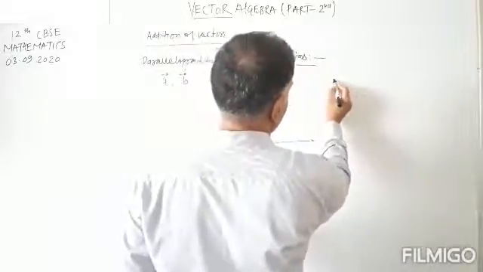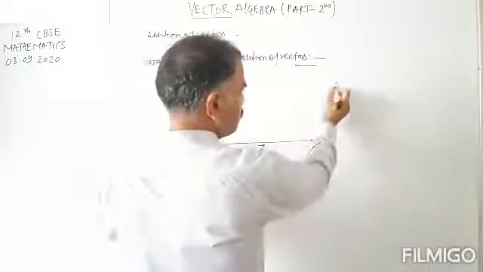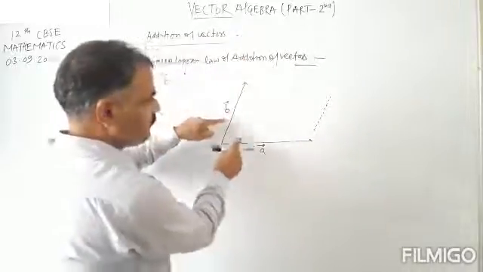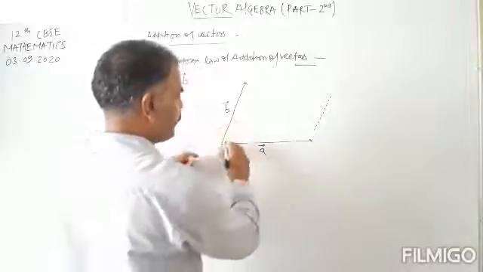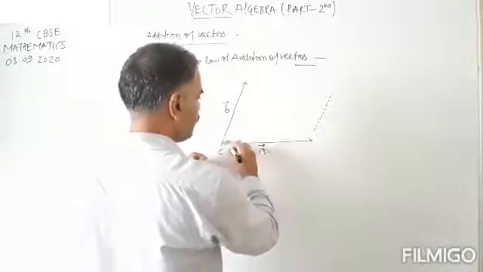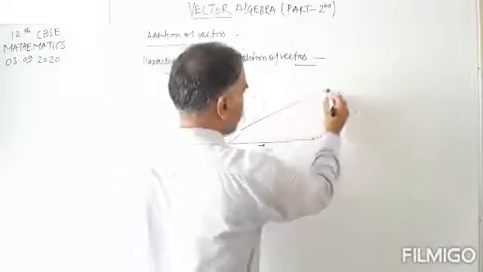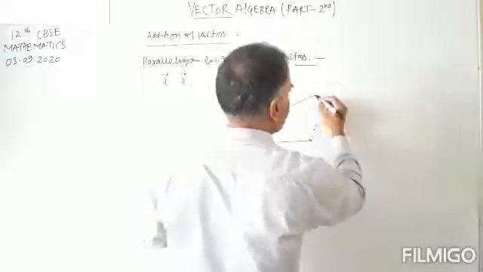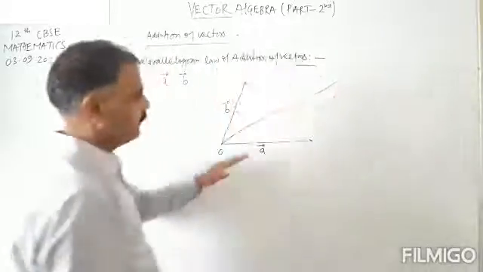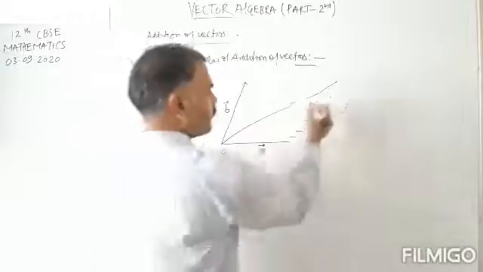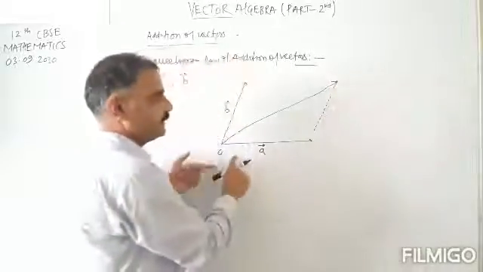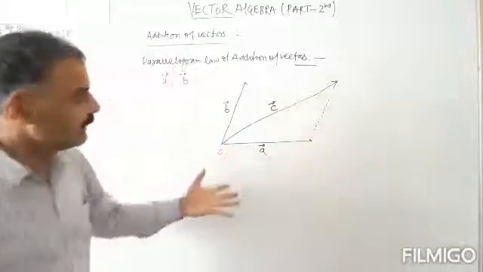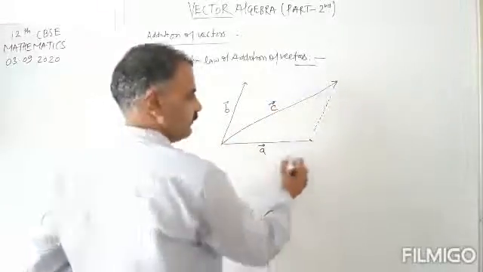If we make a parallelogram using these two sides, then the sum of A vector and B vector is represented by the diagonal with the same initial point, that is O. So C vector is the sum of A vector and B vector.